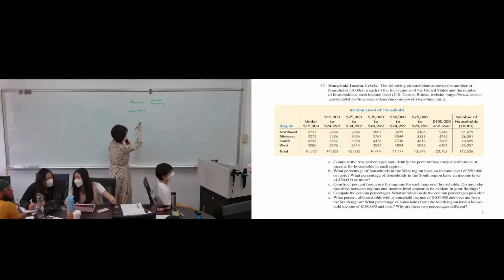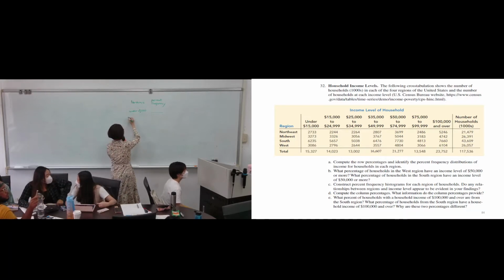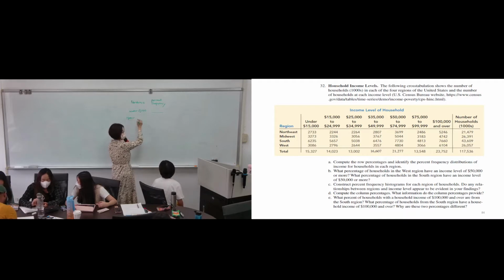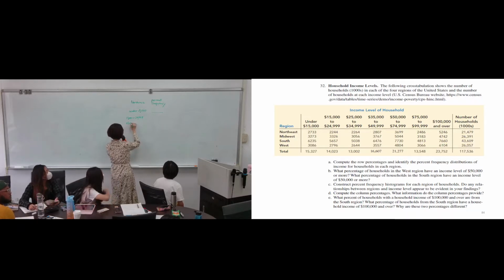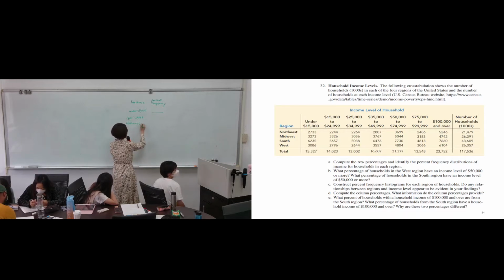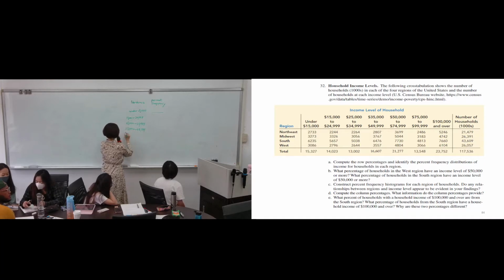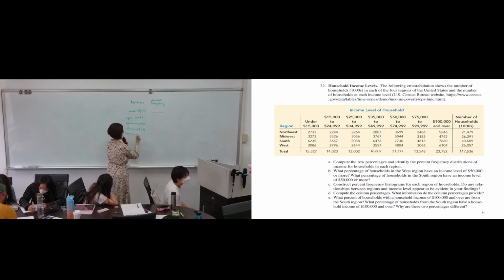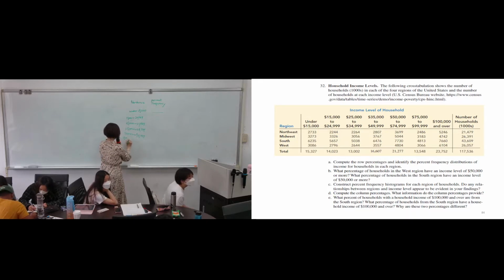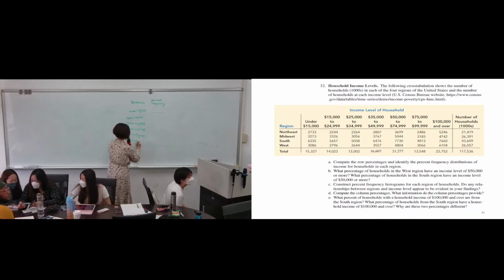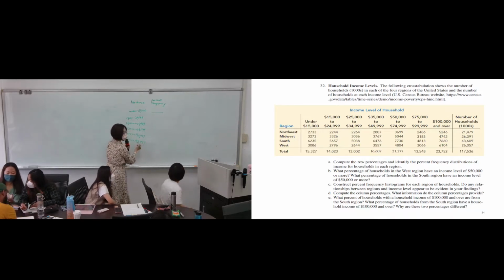What's the percent frequency for under $15,000, 15 to 24,999, 25,000 to 34,999, 35 to 49,999, 50,000 to 74,999, 75 to 99,999, and 100 and more.